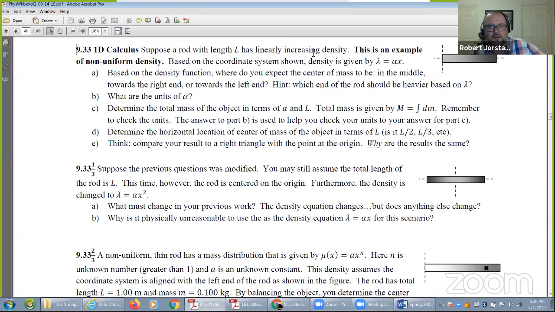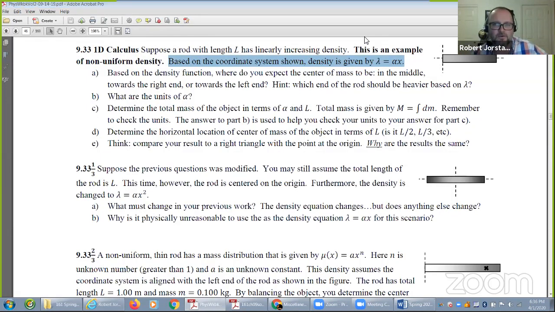Look at how this works out. If you have something that has a non-uniform density, what does that mean? Look at this equation. If you have a non-uniform density on test day, you're going to get an equation for the density. The most common mistake people make with a non-uniform problem is they think lambda is mass over length. That is not true.